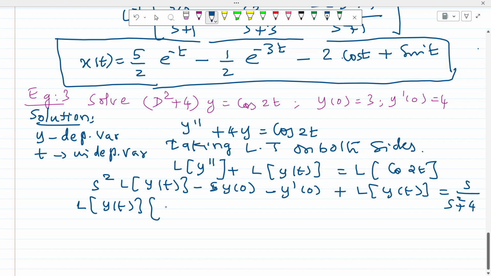into s square plus 1, s square plus 1, minus s into y of 0, y of 0 is 3, 3s, minus y dash of 0, y dash of 0 is 4, equal to s by s square plus 4.